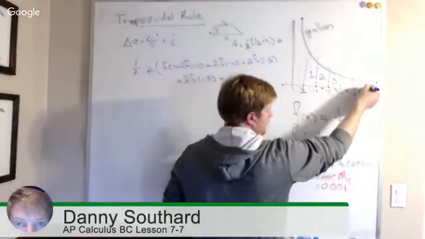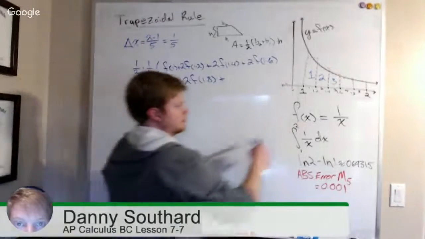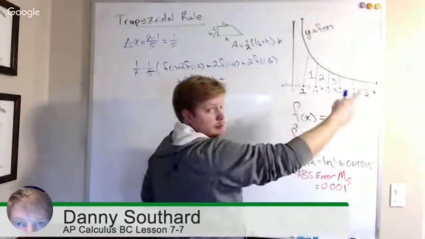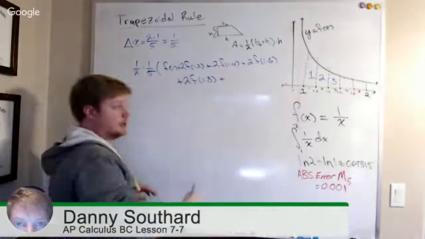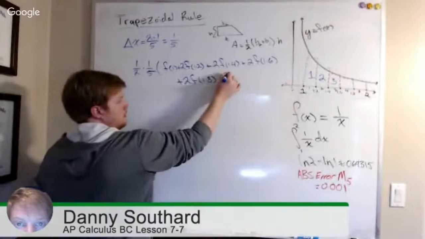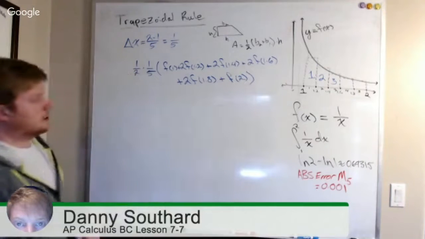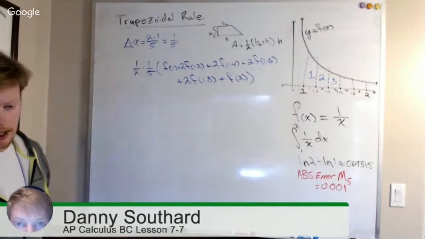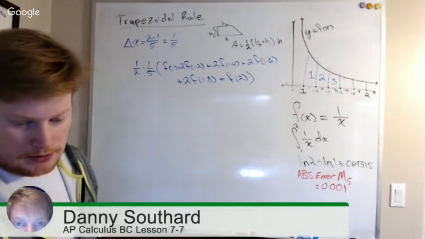This base is only ever going to be calculated in here once because it's not the big base of the trapezoid next to it. It's just the small base, so we get something like this. And again, this can be calculated numerically on your calculator by using tables.